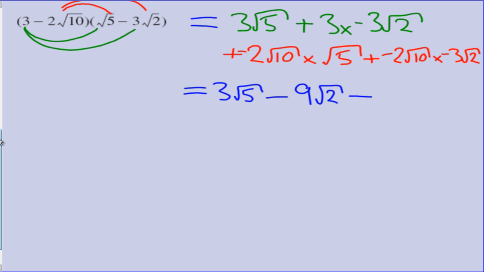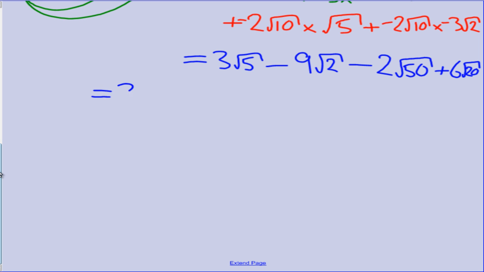And we're going to have 2 times the 1, so the 2 out the front, and a 50 under the square root sign. And we have a negative times a negative to give us a positive. 2 times 3 is 6, and under the square root sign we've got 20. Alright, still a bit more work to do just yet.